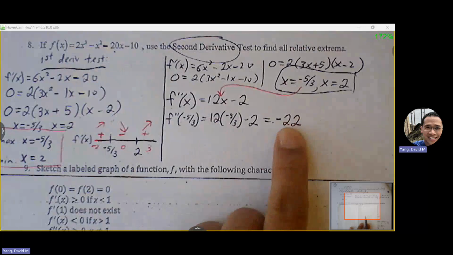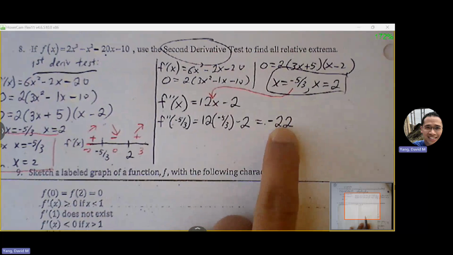Now this number is a little abstract. We're not going to be able to pinpoint what that looks like on the graph. The important thing is that the -22 is telling us what?